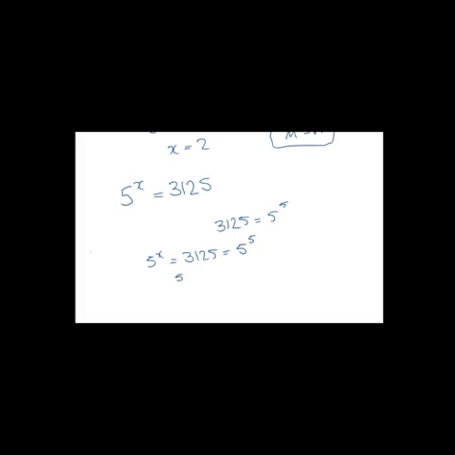So therefore 5 to the power of x must also equal 5 to the power of 5, and the bases are the same, so therefore x must equal 5. So far so good.